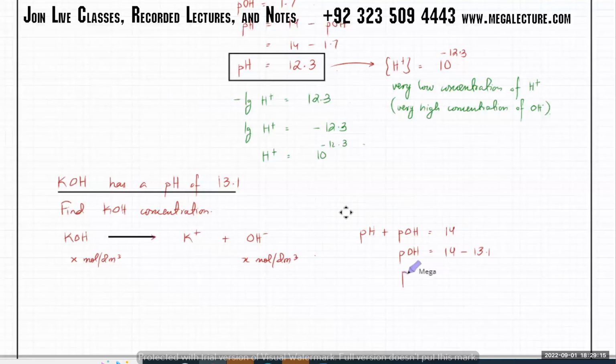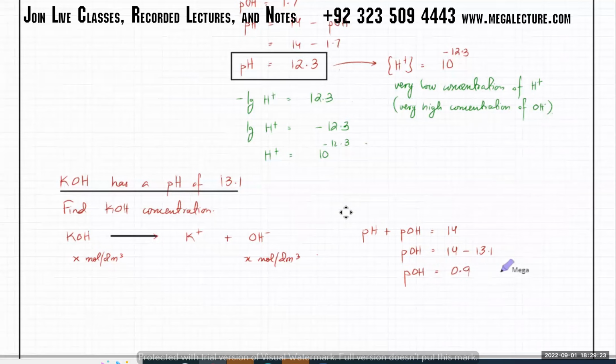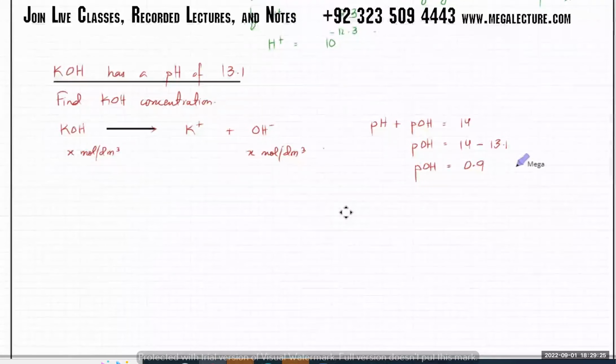So my pOH is 0.9. Now if you want to take the reverse, minus log of what is pOH? It's minus log of the concentration of OH ions. That is what P stands for.